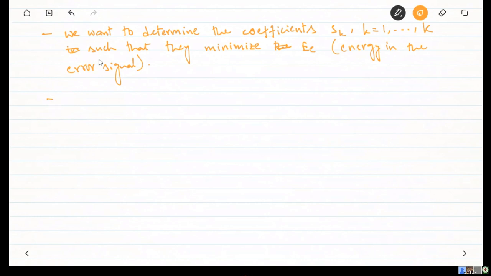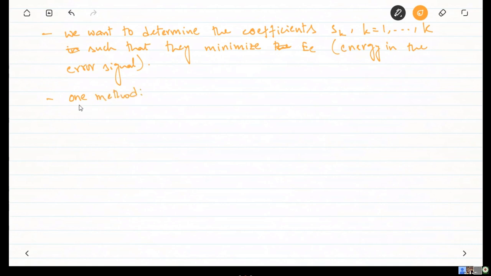So till this point, I hope this is clear. We just set up the problem and then we want to solve this out. So there are two methods to find these coefficients Sk that minimize the error signal.